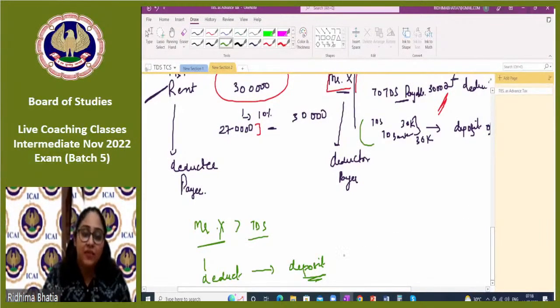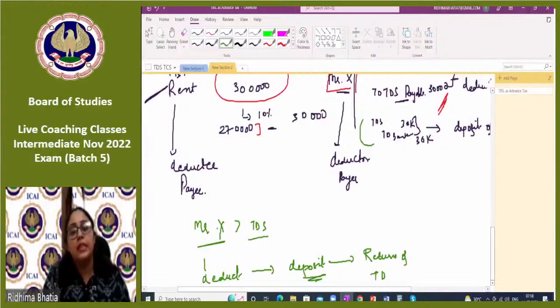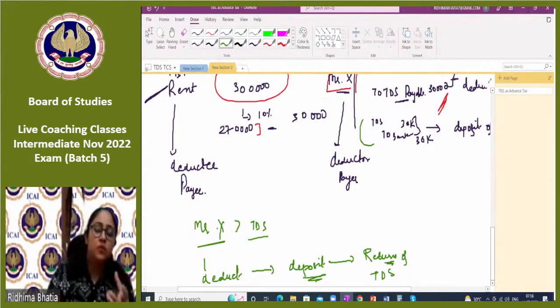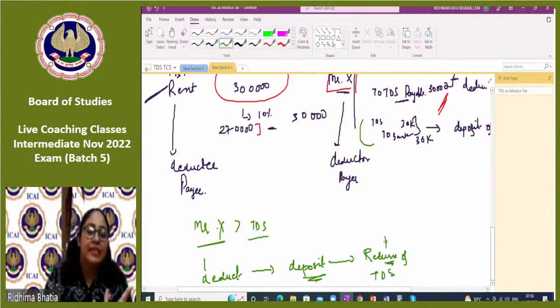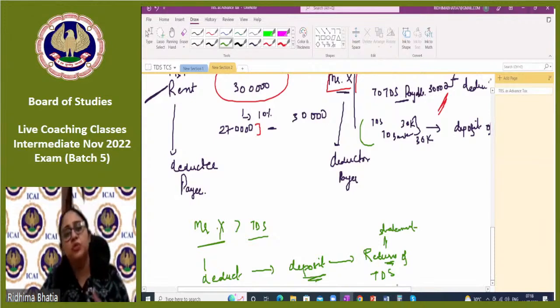Then he files the return of TDS. Whenever the word return is there, a return is nothing but a statement of how much TDS is deducted, on whose behalf the TDS is deducted, and all of these things. And then he issues you the certificate.